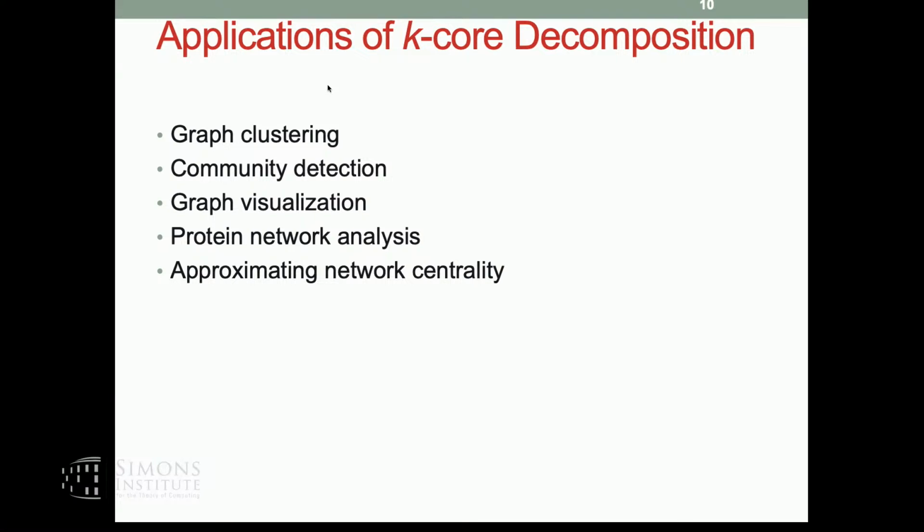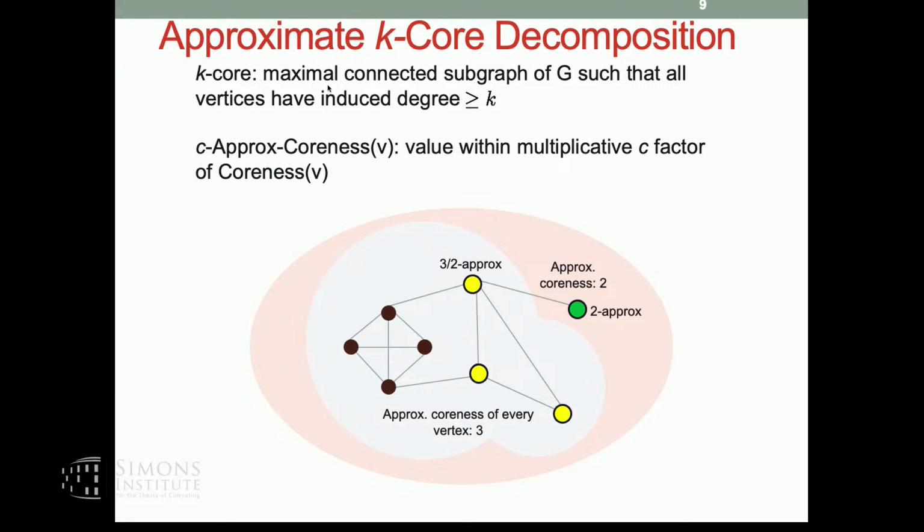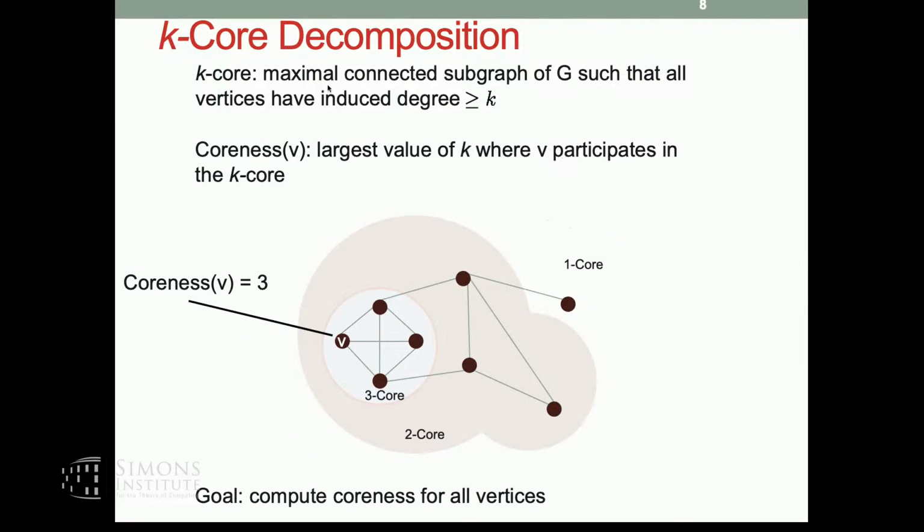Yes, question. So in the offline setting, if you just remove the minimum degree vertices, does that give you the optimal? Yeah, that's a good question. The question was, in the offline setting, how do you solve this problem? It turns out that in the offline setting, there's an easy peeling algorithm, as you suggested, where you just repeatedly delete the vertices with the minimum degree.